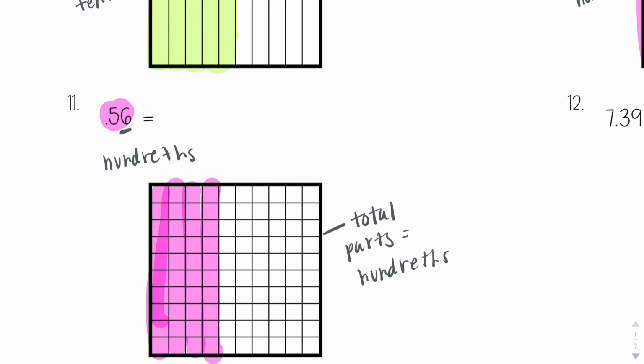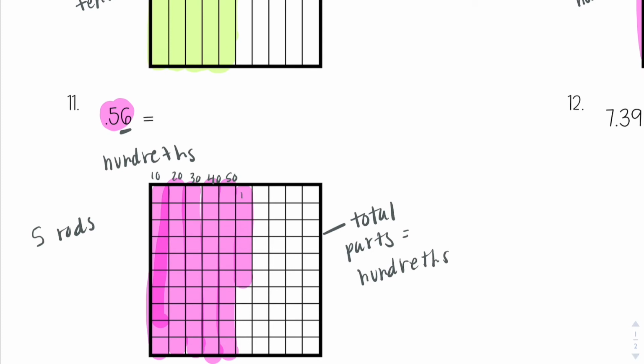So I'm modeling that for you. I have 5 rods or 5 tenths, so 10, 20, 30, 40, 50. You can see how I represent that 50 hundredths. So I have 5 rods, and then I'm going to need to represent that 6 that's in the hundredths place. So I have 1, 2, 3, 4, 5, 6.